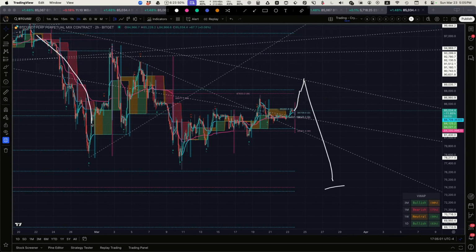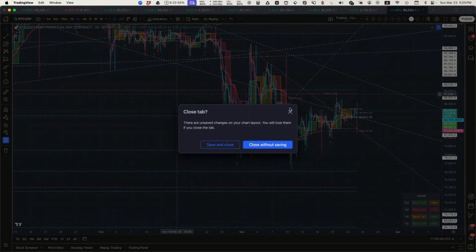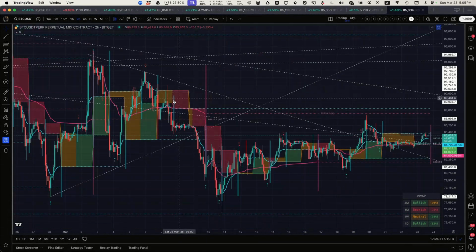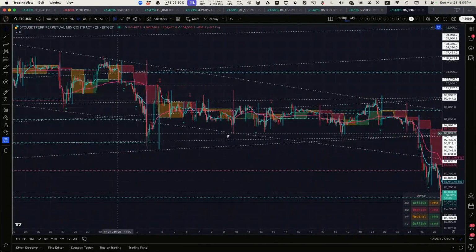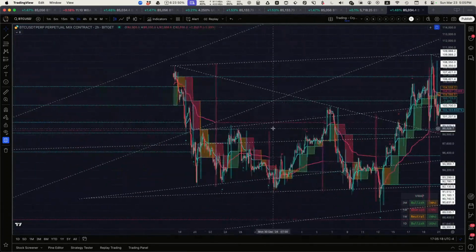But this sort of V happens all the time, Peter. It could actually occur, just like we saw over here. Let me refresh. I've talked about this before, but this bounce earlier on, the last time we had this big run up.